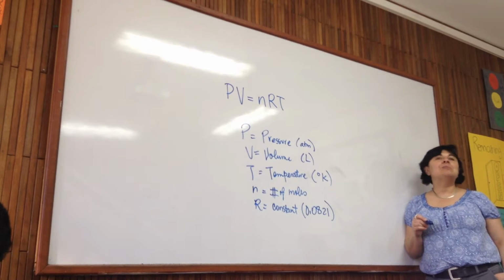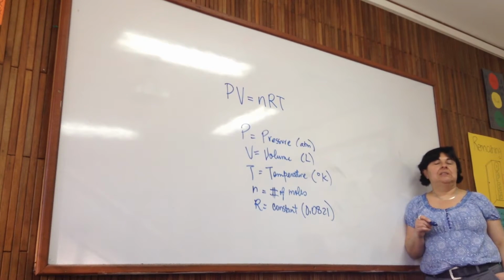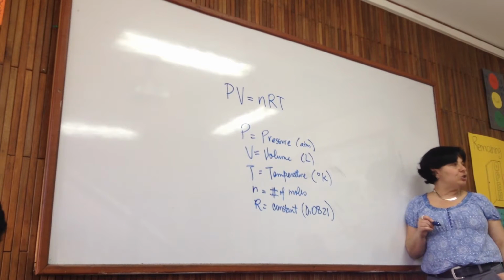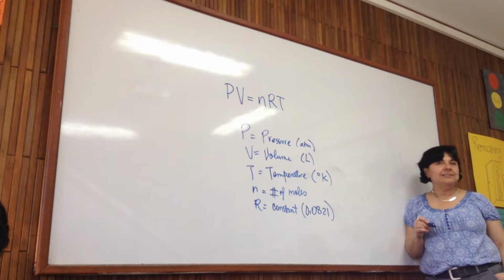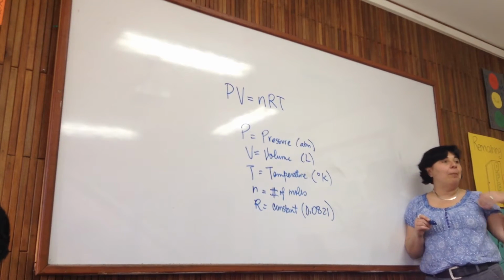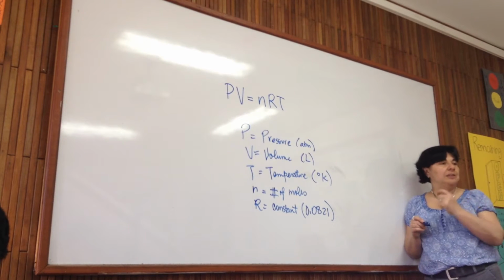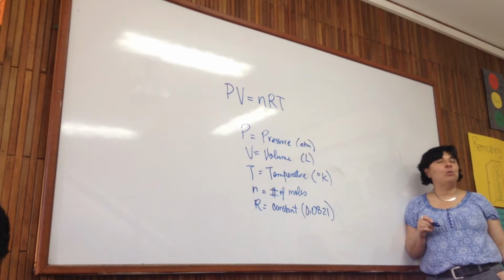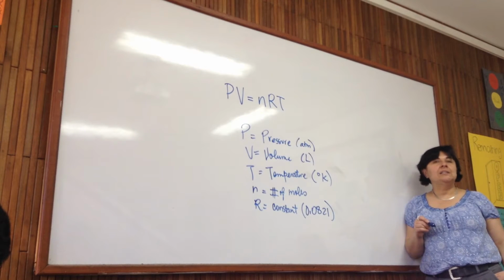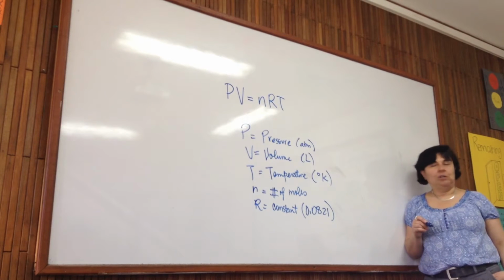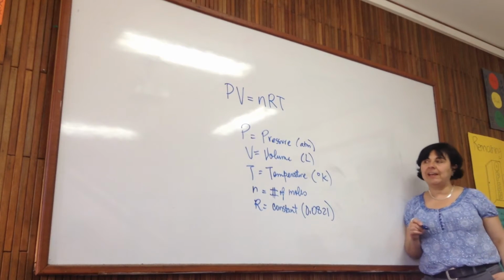Atoms are really, really tiny. So instead of looking at just one atom of something, you look at a mole of an element, and that will always have a huge fixed number of atoms. You'll see that in chemistry.